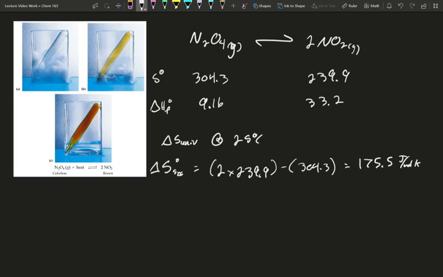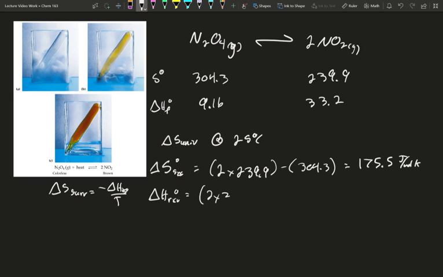So we have the delta S of the system, but now we need to know the surroundings. And the delta S of the surroundings is equal to the negative delta H of the system divided by the temp. Well, in our case, the delta H of this reaction is going to be the products minus the reactants.